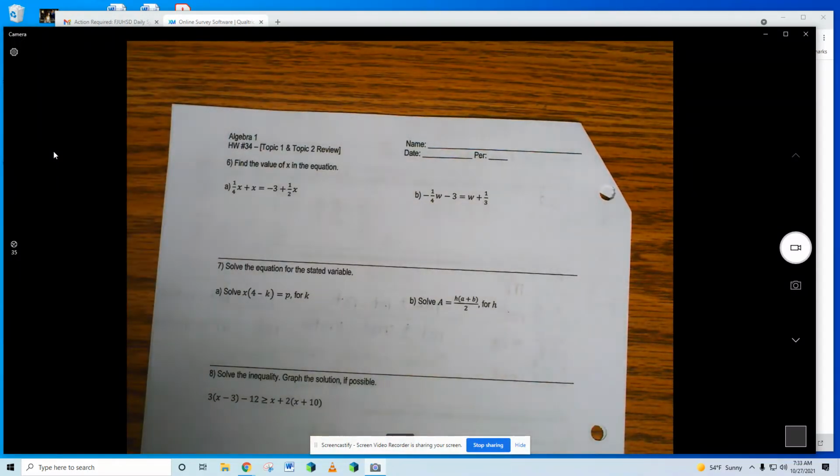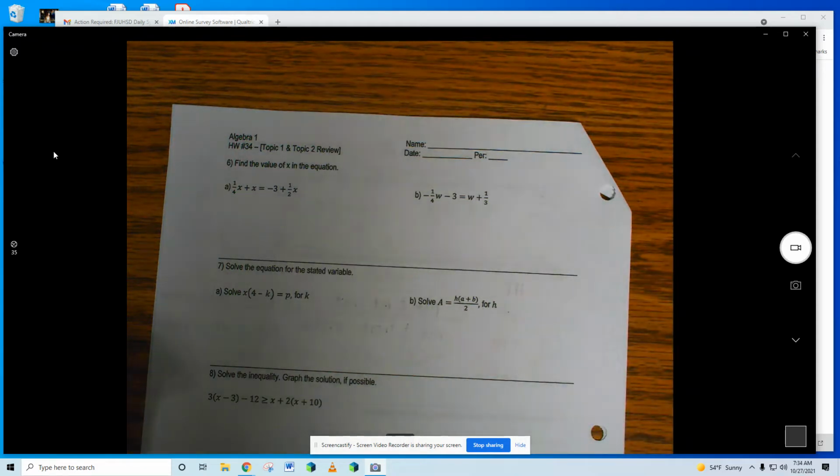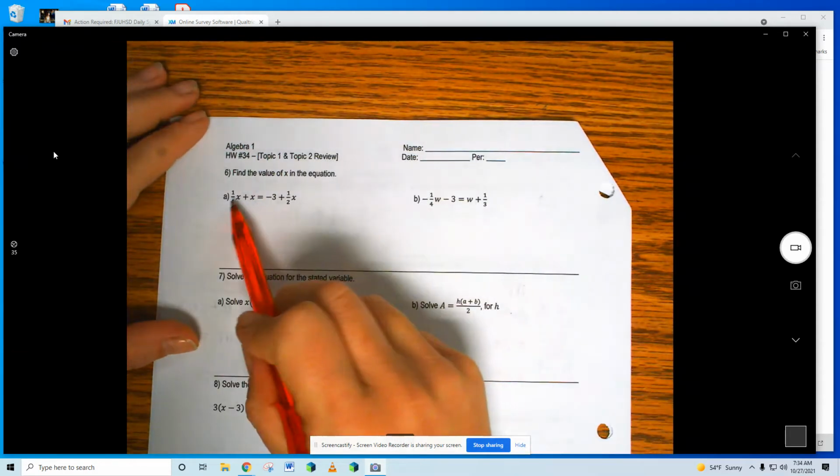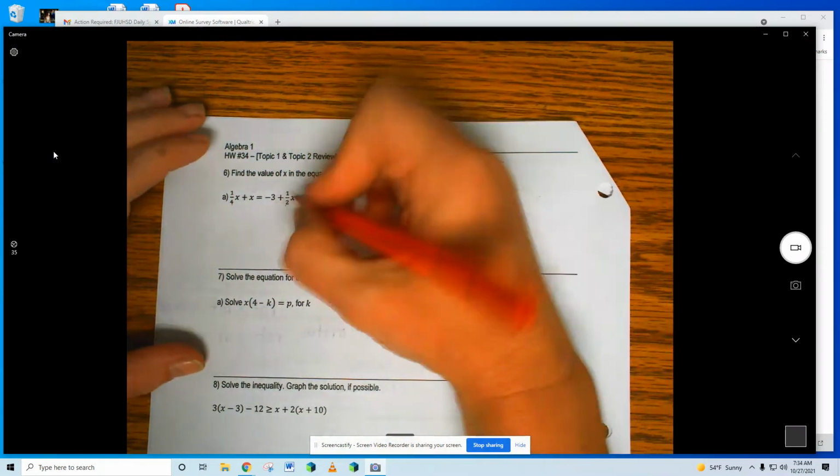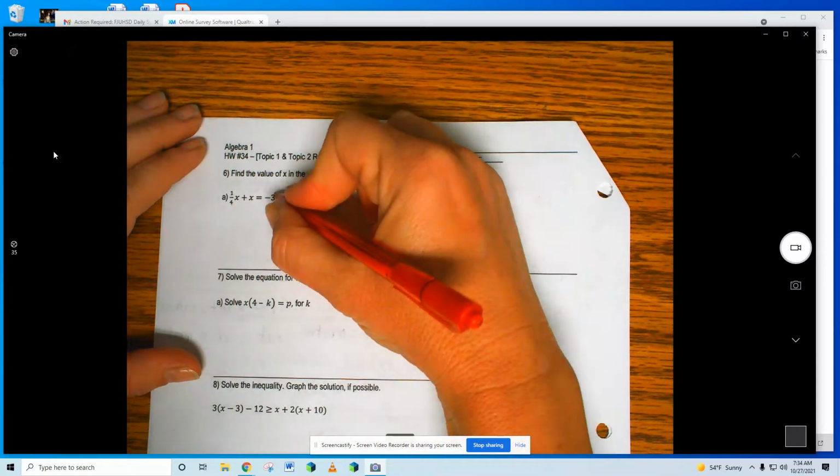Solving for X. I highly recommend that you clear the fractions. So I'll do one of these for you because they're the same method. What's the common denominator of 4 and 2? 4. Everything gets multiplied by 4.